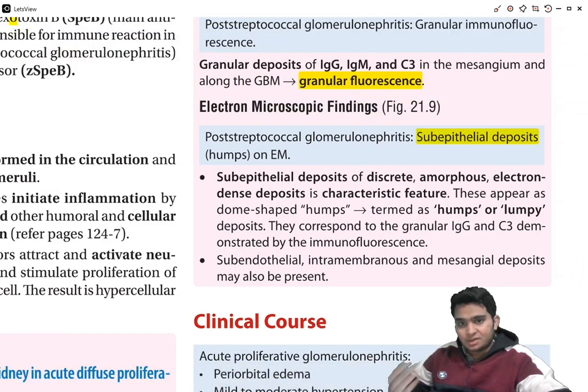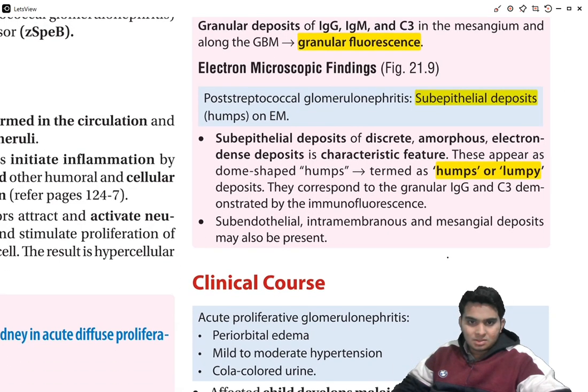Subepithelial deposits of discrete amorphous electron-dense material are the characteristic feature. These appear as dome-shaped humps, termed humps or lumpy deposits. They correspond to the granular IgG and C3 demonstrated by immunofluorescence. Subendothelial, intramembranous and mesangial deposits may also be present.